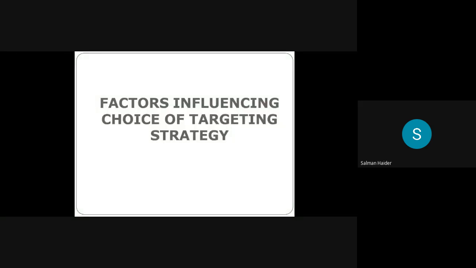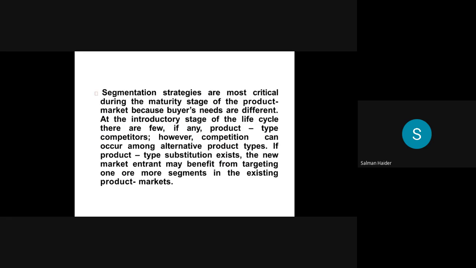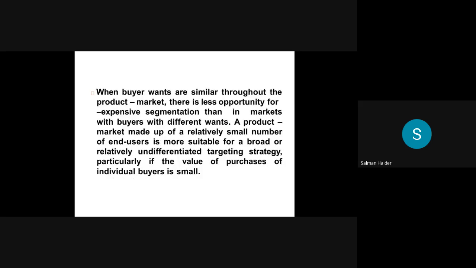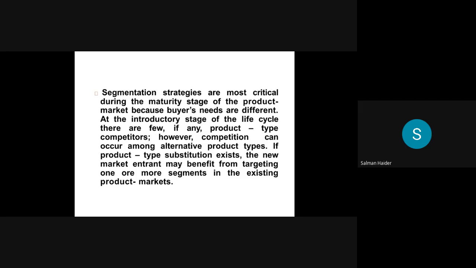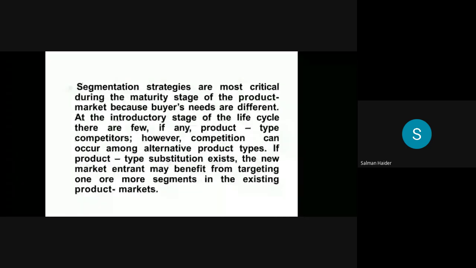Then what would be the factors influencing the choice of a targeting strategy? Segmentation strategies are more critical during the maturity stage of the product market, because buyers' needs are different. At the introductory stage, they are few, and after they reach competition, they become more.